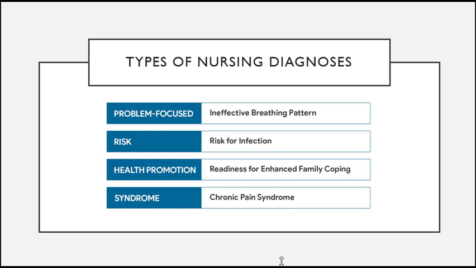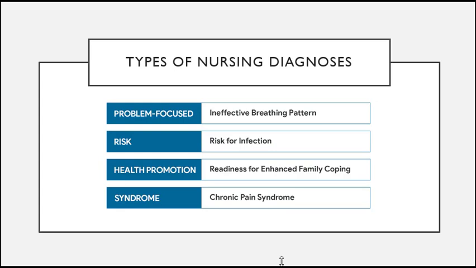So these are you just kind of guessing what might be the problem or assessing based on where you're afraid they might end up. So you might have an elderly client with diabetes and vertigo, so they're dizzy and they have difficulty walking and they're not asking for help when they want to get up. So that may be a risk for injury patient. Or you may have a risk for infection if someone has a surgical wound.